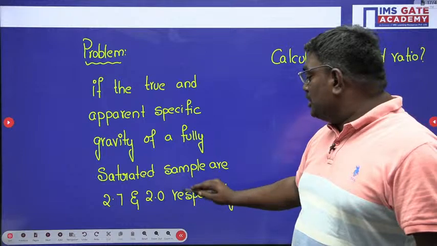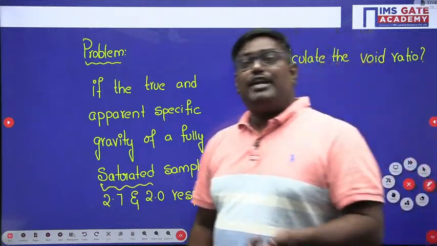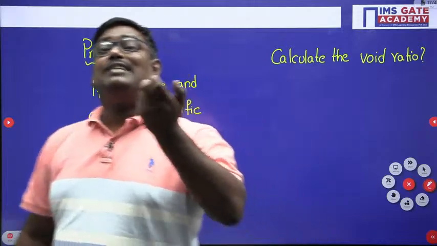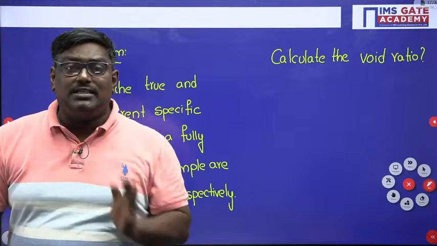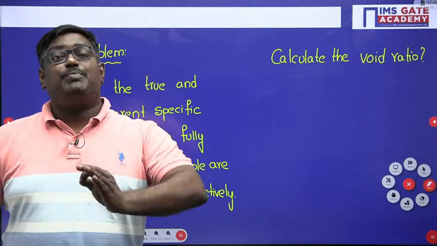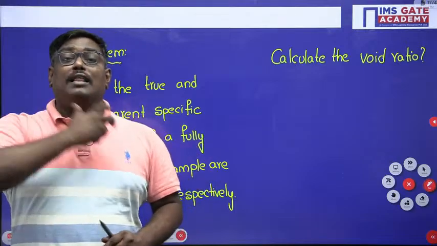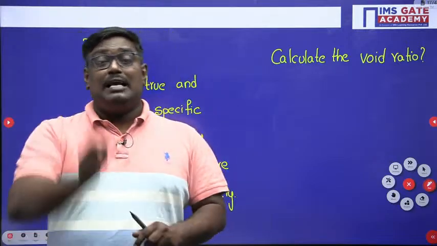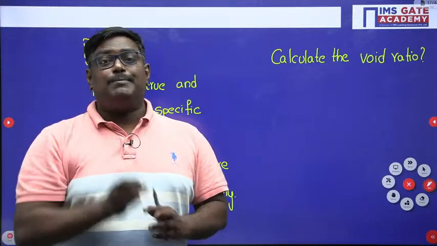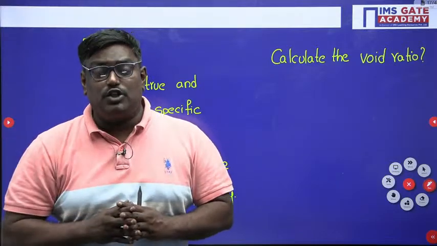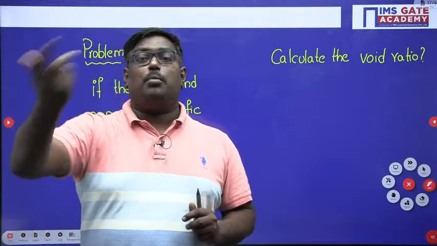Here they have used the word saturated, so we have to think of the saturated state. Remember, the key points in this question are that true specific gravity is always constant and mass specific gravity depends upon the state of the soil. Based on the state of the soil, the mass specific gravity formula will change.